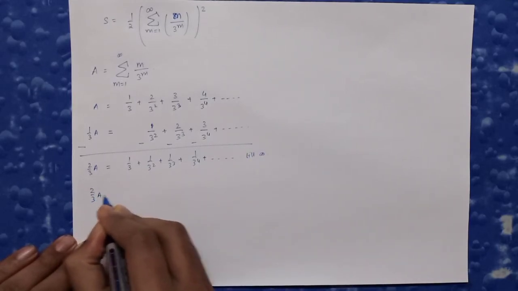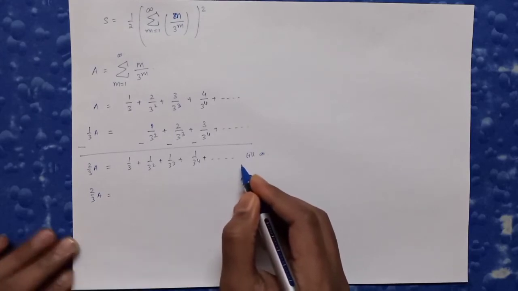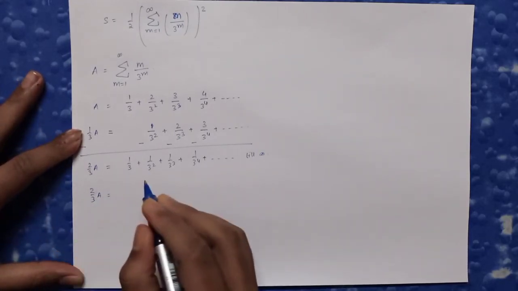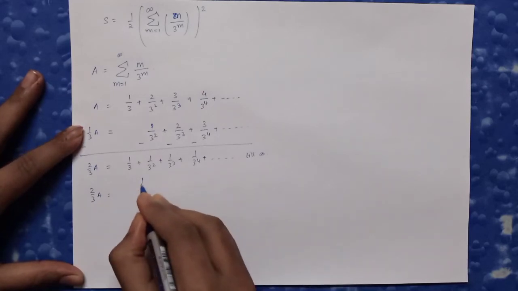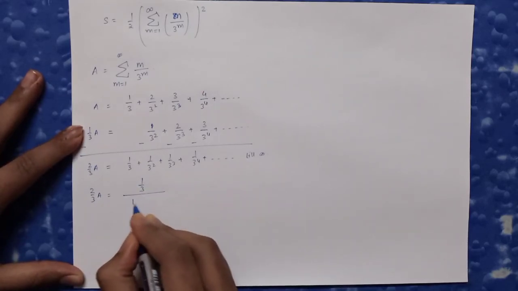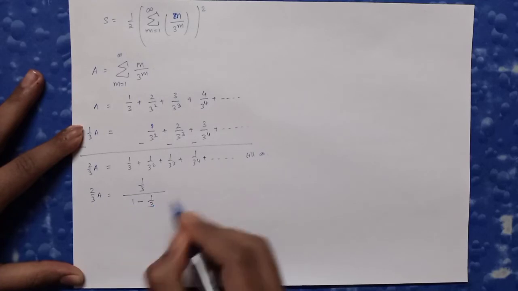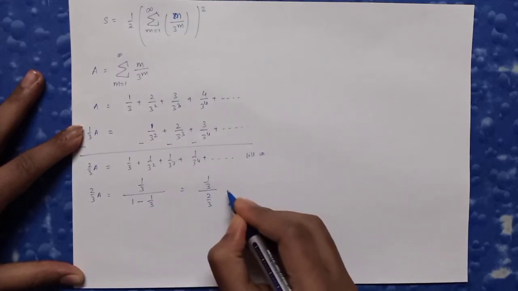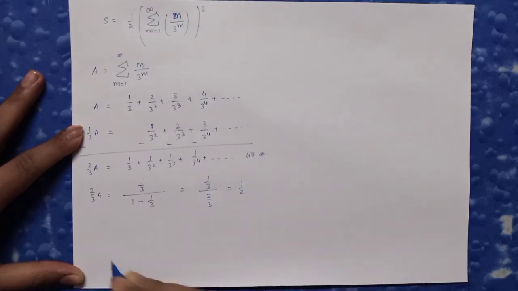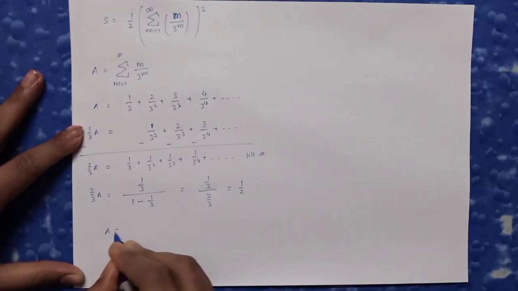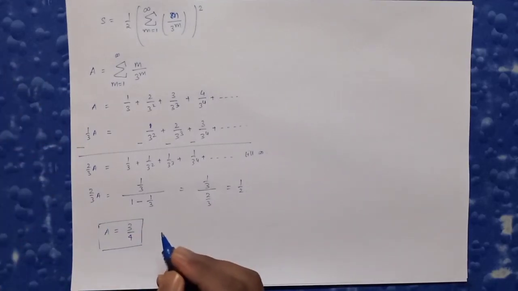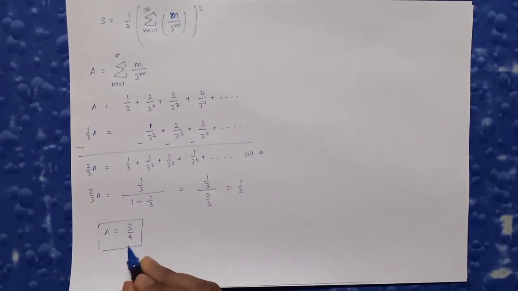This is an infinite sum with common ratio 1 by 3, so we can directly apply the formula: 1 by 3 divided by 1 minus 1 by 3. That's 1 by 3 divided by 2 by 3, which is 1 by 2. So A equals 3 by 4. We have evaluated the value of A, and it is 3 by 4.